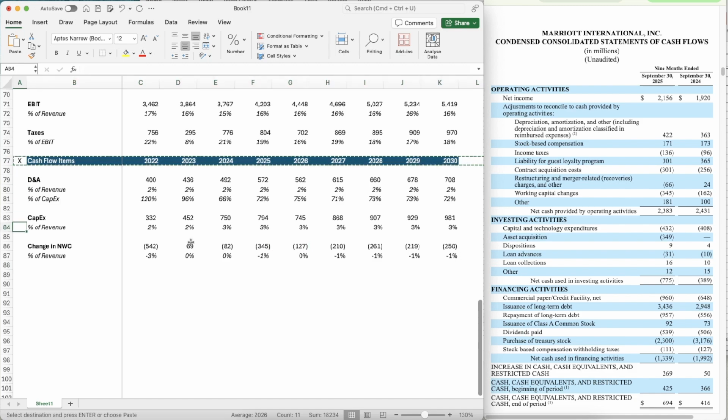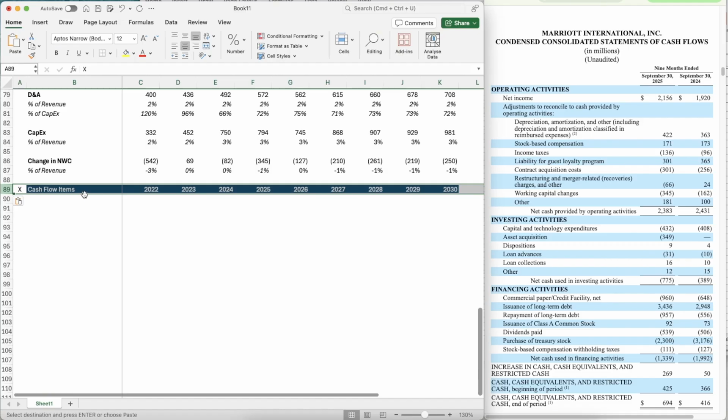Let's go on to the next section, the DCF, and it's just copy and paste pretty much what we've done earlier.